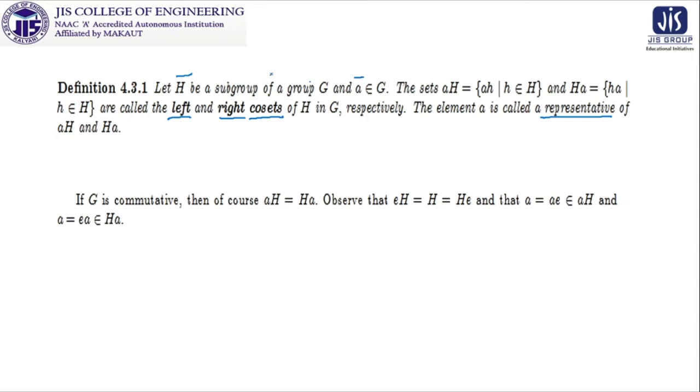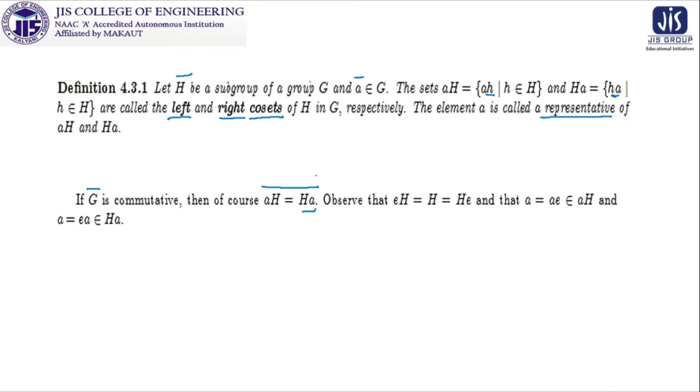Now, we have some properties associated with this. If the mother group that we have taken as G is commutative, then of course aH is equal to Ha, because in aH the elements are of the form ah and in Ha the elements are of the form ha.